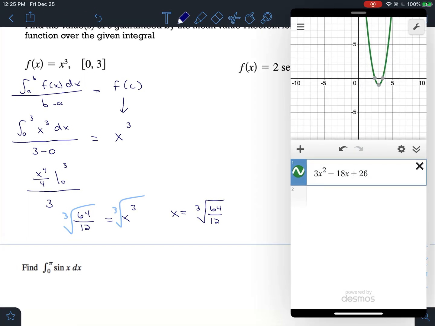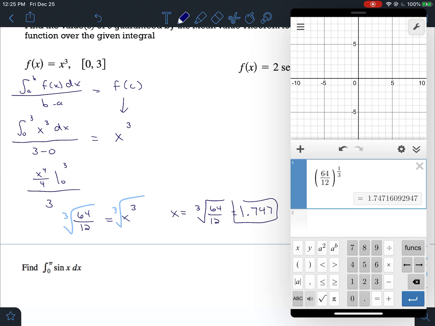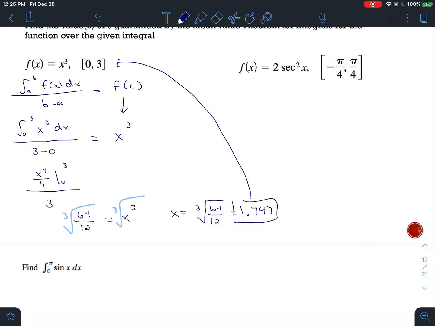And we want to show that that's somewhere between 0 and 3. So if I take 64 divided by 12, and then take the cube root of that, so take it to the 1/3 power, you get 1.747. And that is on the interval 0 to 3.